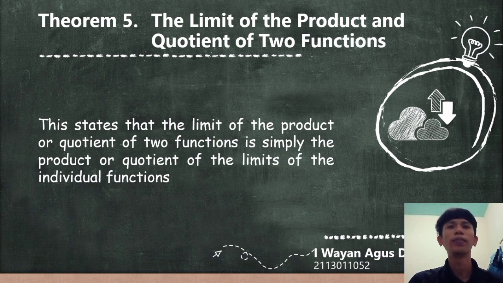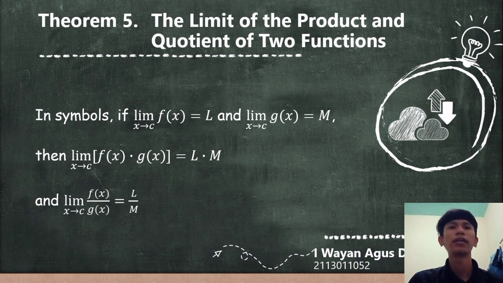This states that the limit of the product or quotient of two functions is simply the product or quotient of the limits of the individual functions. In symbols, we say that if the limit of f of x as x approaches c equals L, and the limit of g of x as x approaches c equals m, the limit of f of x times g of x as x approaches c is equal to the product of their individual limits, L times m.